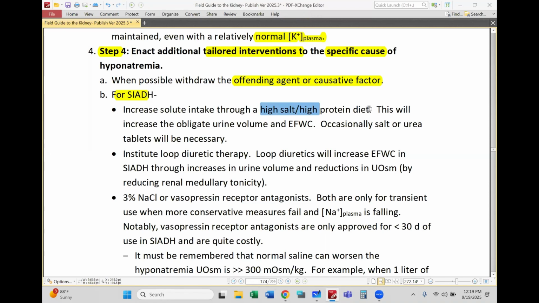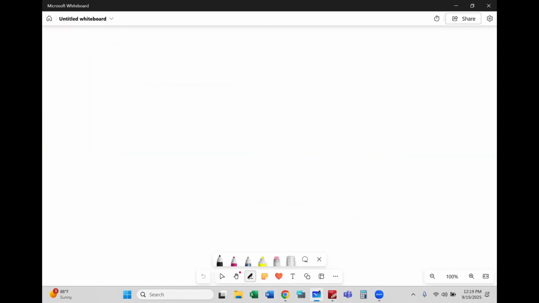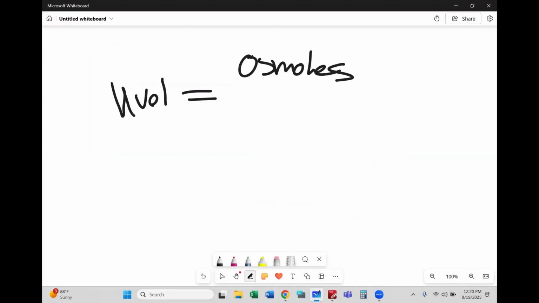We've talked about these things multiple times. We can increase free water excretion by increasing the amount of osmoles that they must excrete, right? So we've gone over this formula multiple times. Osmoles excreted over urine osmolality is how we can calculate urine volume.